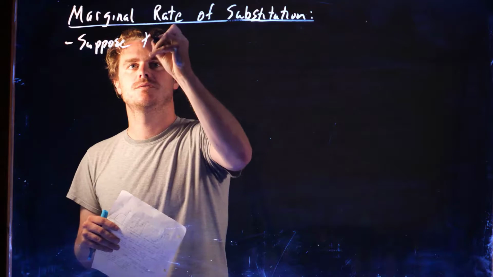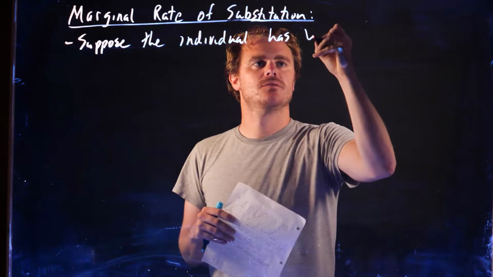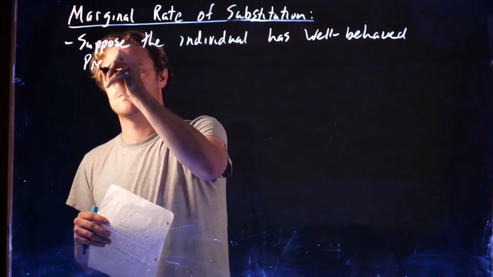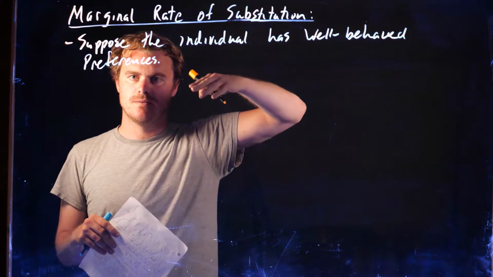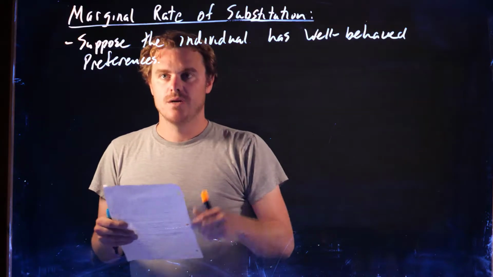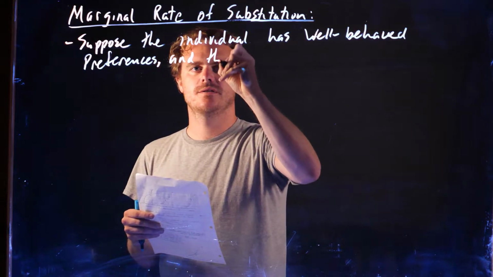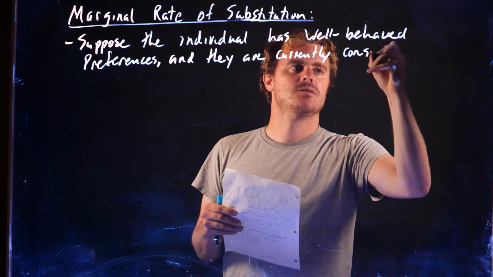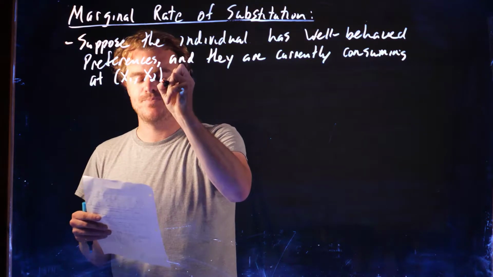Suppose the individual has well-behaved preferences, in the sense that they're monotonic and convex, and they are currently consuming at x1, x2.